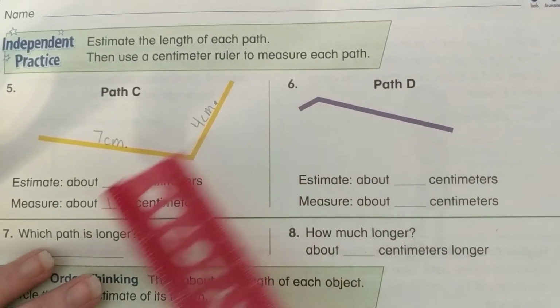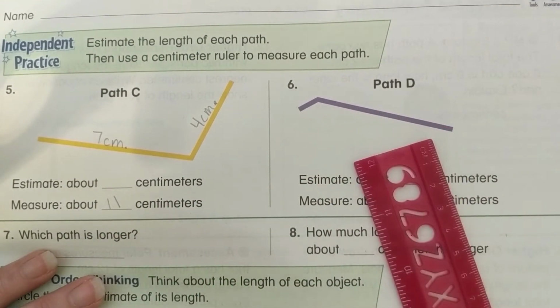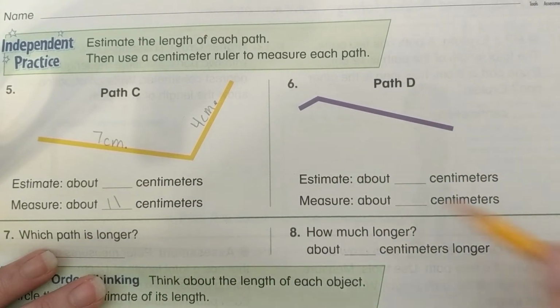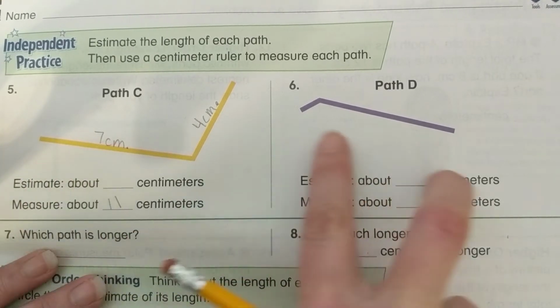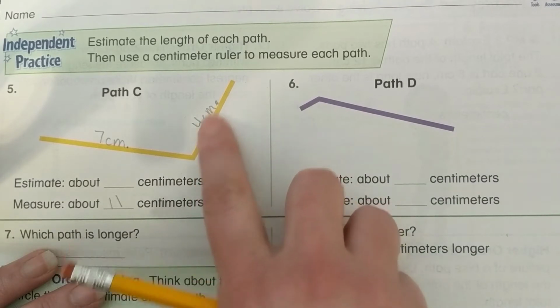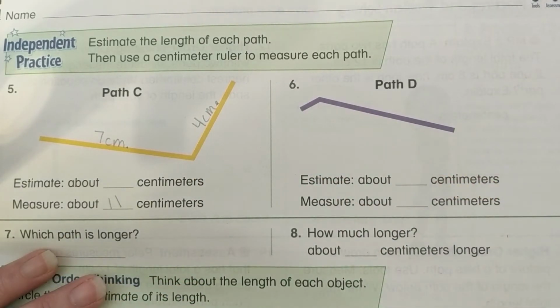Okay, we're going to use that information to guess here. Am I going to guess that this path is larger than 11 centimeters? No, this path looks smaller to me. This side looks about the same as this side, but this side looks much smaller than this side, right? Okay, put your estimate.